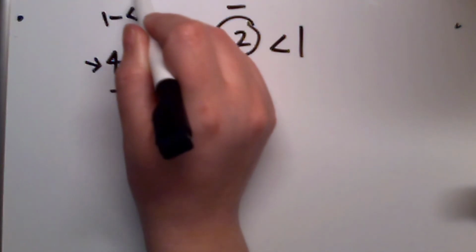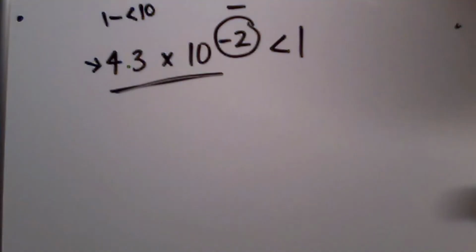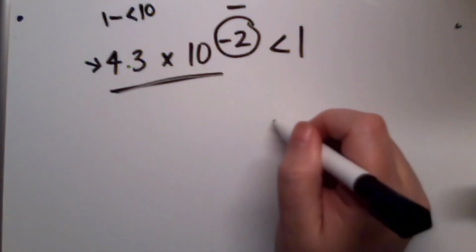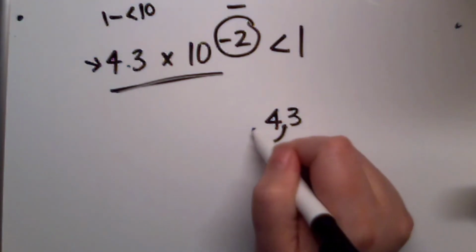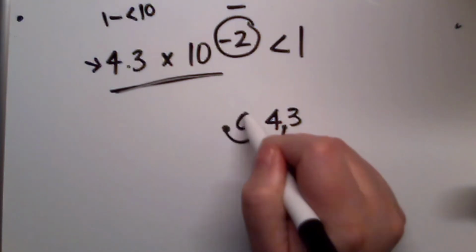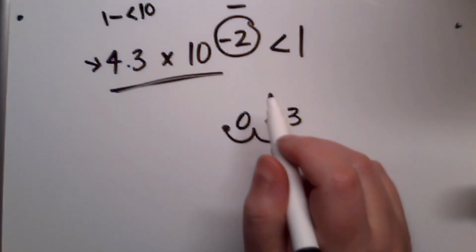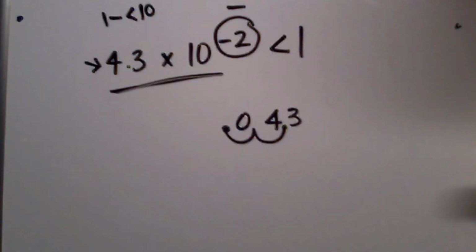So it can go up to 9.999999. But it should be a number between 1 and less than 10. So we can write down our 4 and our 3. We're going to take our decimal point, 1 spot, 2 spots, and that is it. So once we move those over the 2 spaces, now we have 0.043.